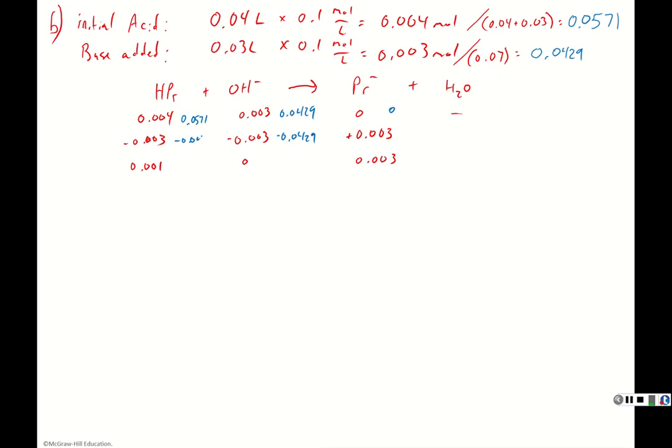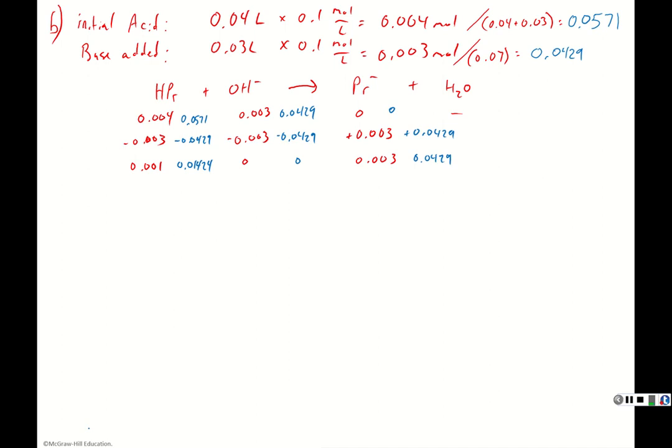Lose the same amount of your acid. And gain that amount of your conjugate base. It's something like that.